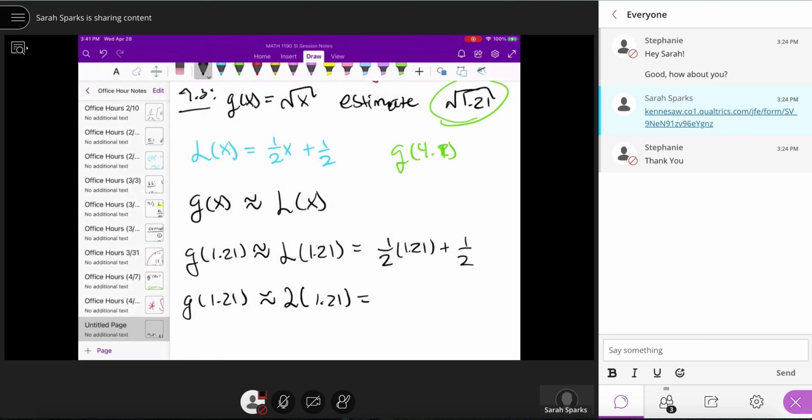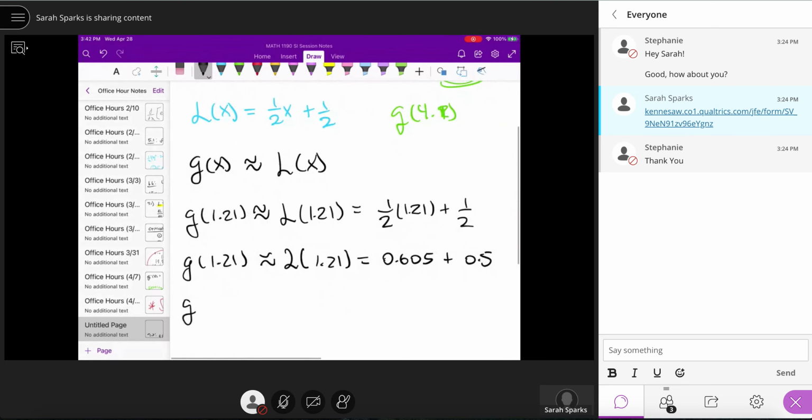So I don't want to do that in my head. Sorry, I'm grabbing my calculator. Oh no, you're fine. 1.21 divided by 2 is 0.605. 0.605 plus 0.5.